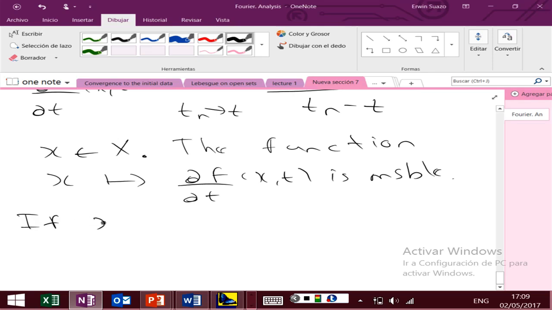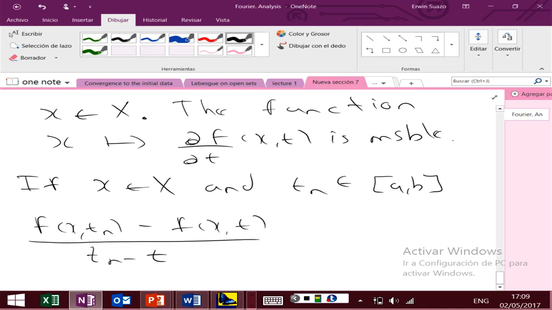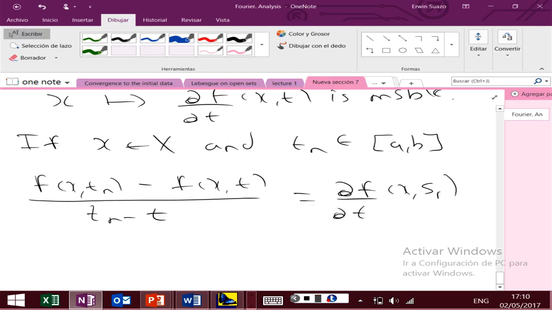If x belongs to X and t sub n belongs to (a, b), we have f of x, t sub n minus f of x, t over t sub n minus t, and we can say that this is equal to the derivative of f with respect to time of x, s1, for some point s1, and s1 is between t sub n and t.